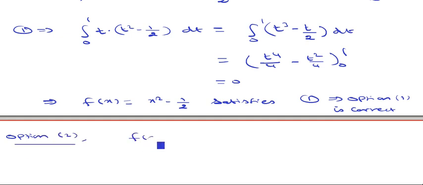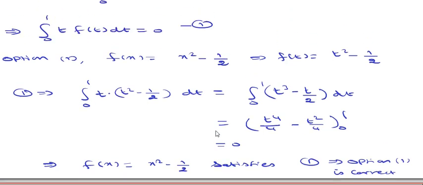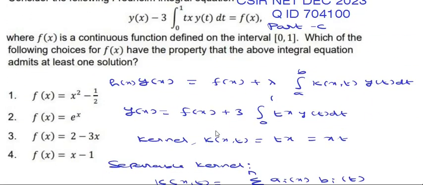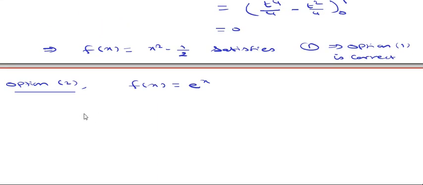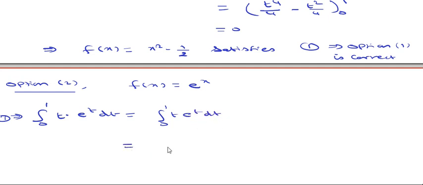Option 2, f of x equal to e power x. Now the condition is integral 0 to 1 of t into f of t, which is e power t, dt. So this is equal to integral 0 to 1 t e power t dt. So we can apply the generalized Bernoulli's formula.